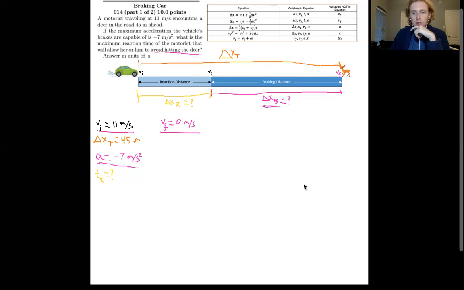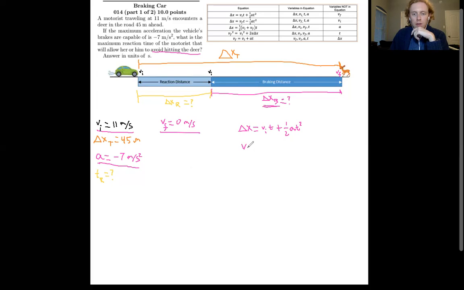We know that we have our equation chart up at the top. Delta x equals v initial t plus 1/2 a t squared. Now, is this going to work? It's not going to work because we don't have time. Okay, let's try another one.